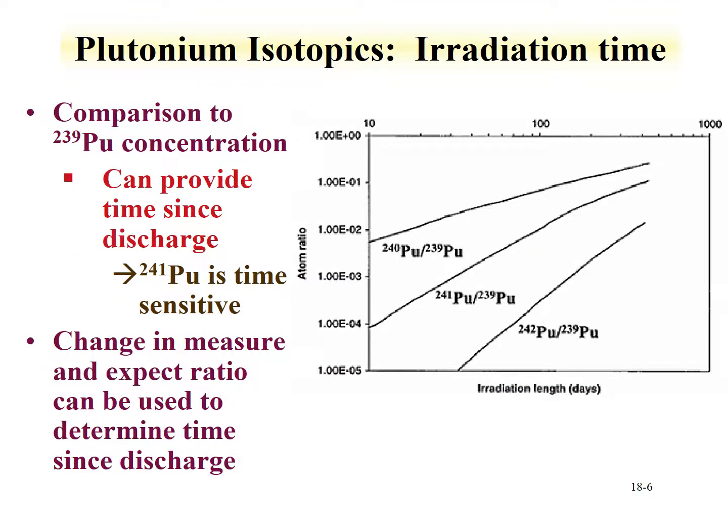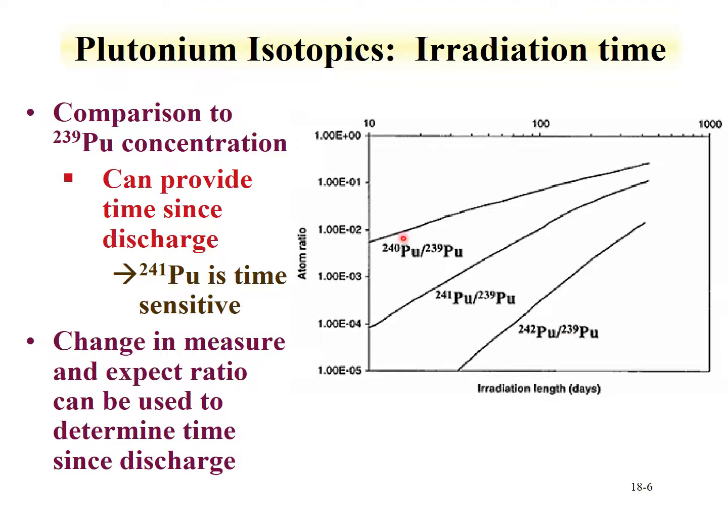The plutonium isotopics can also be used to determine the time that the sample sat in the reactor for the irradiation. And in this case, one uses the plutonium-239 concentration. So atom ratios are provided against plutonium-239. As we see here, we have the 240-239 ratio, the 241-239 ratio, and the 242-239 ratio.